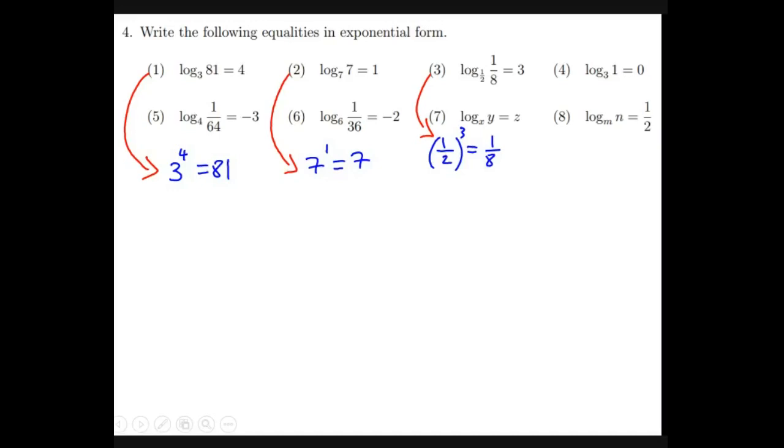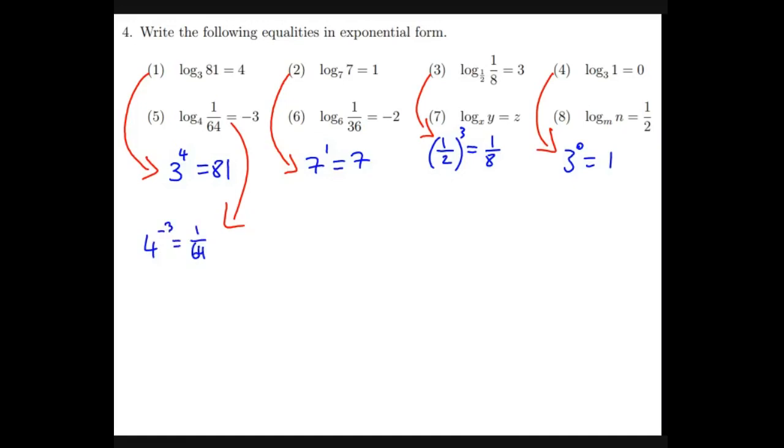I got 3 to the power of 0 equals 1. Yep. Could you pick the next person, Mina? Sarah. 4 to the power of -3 equals 1/64. Yep.